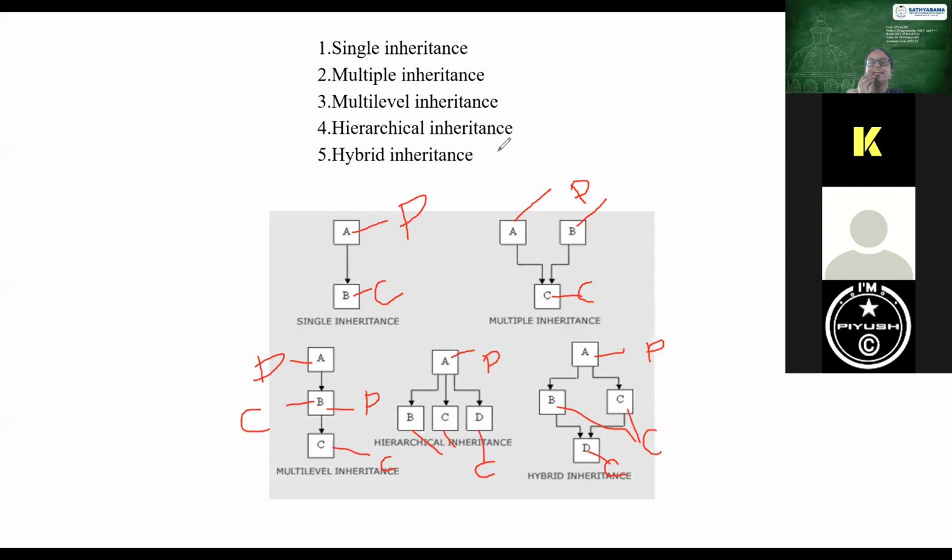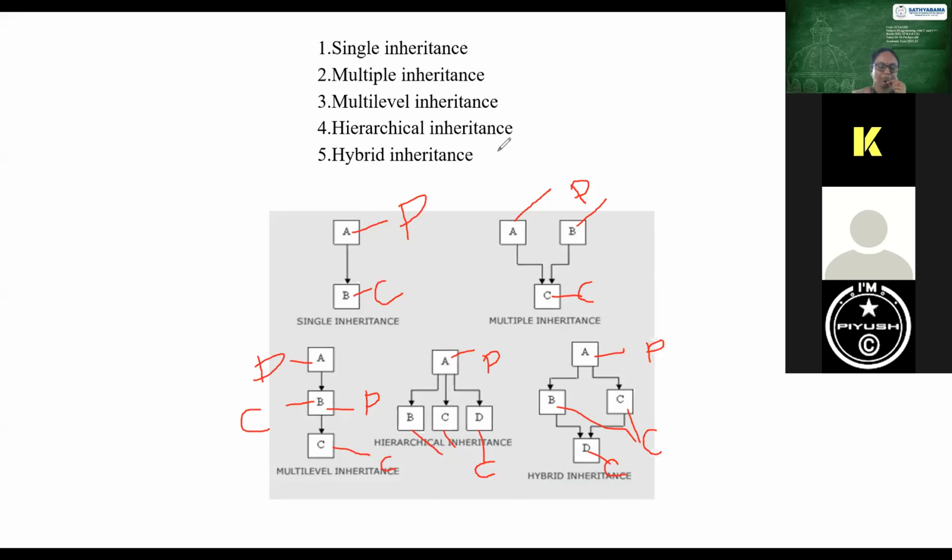Multi-level inheritance means one class becomes a parent and another a child, and the same child becomes a parent for one more derived class. Hierarchical inheritance is one single parent with multiple children. Hybrid inheritance has the properties of multiple inheritance plus hierarchical inheritance.